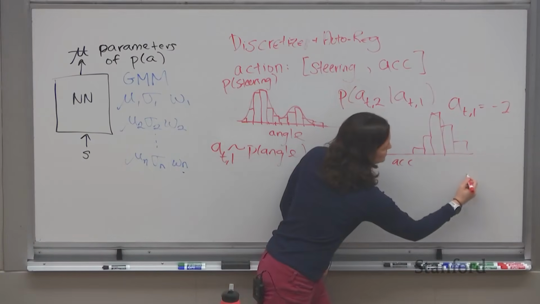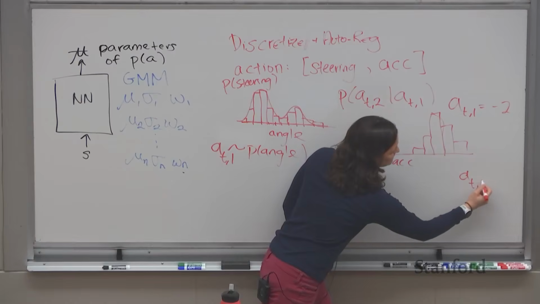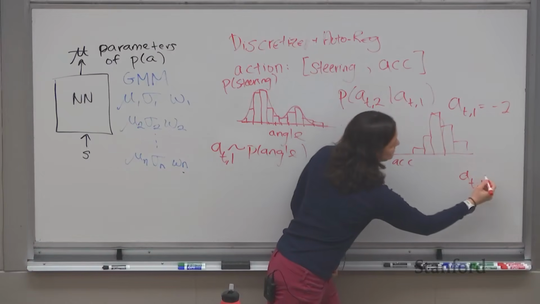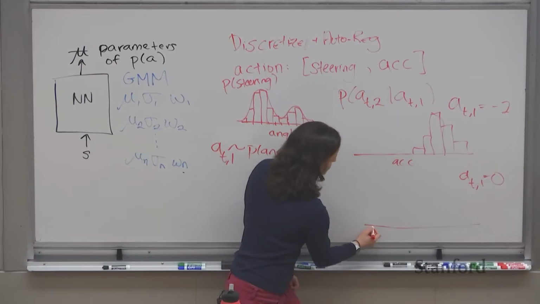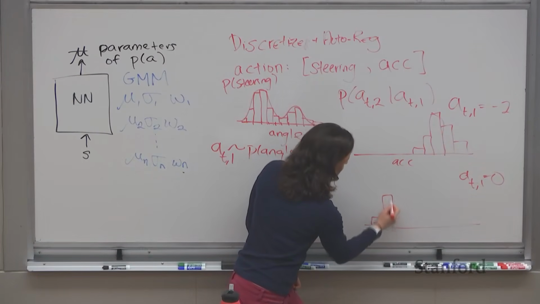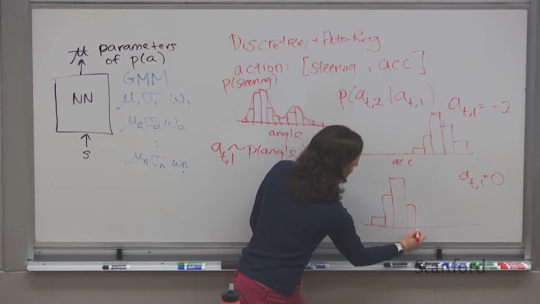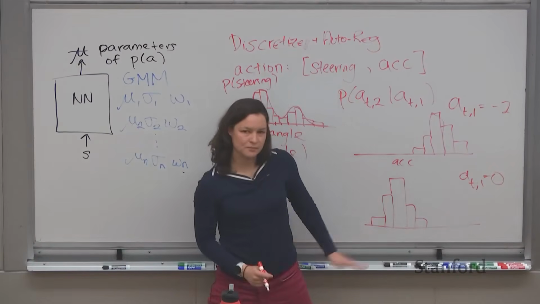Versus if you condition on a steering angle that is something more like 0, then you might output a distribution over accelerations that is smaller.